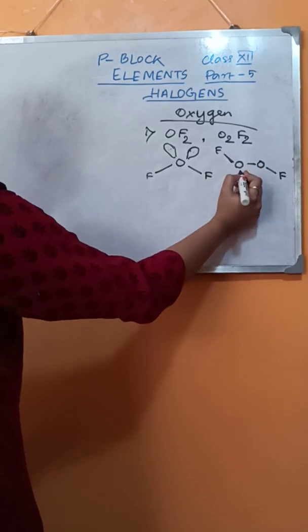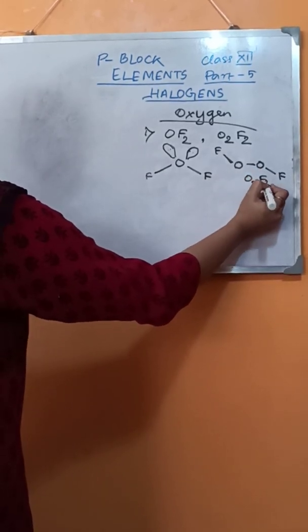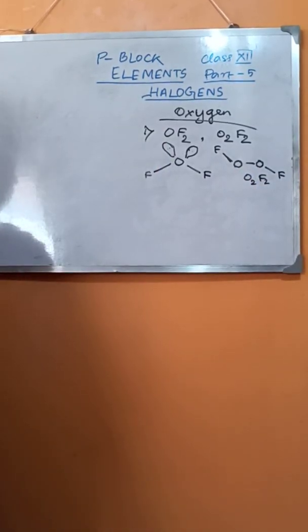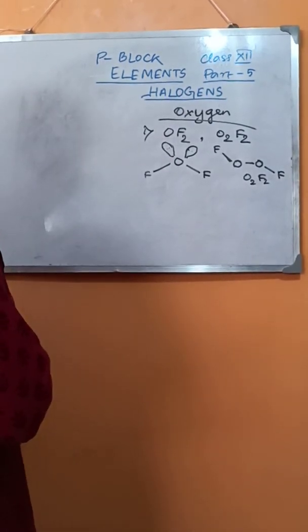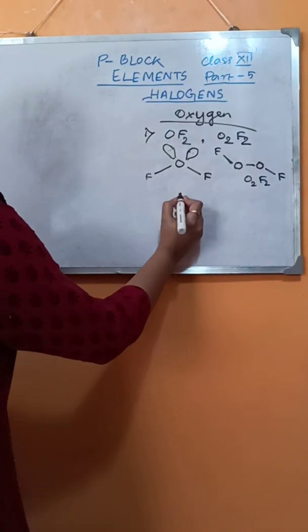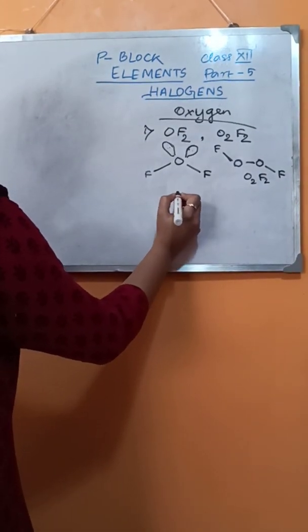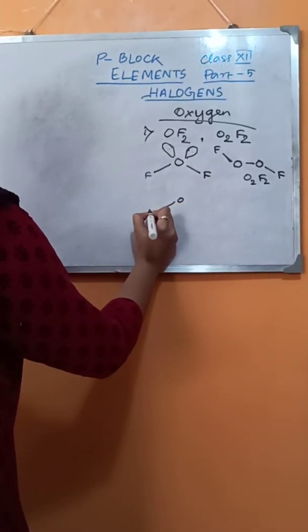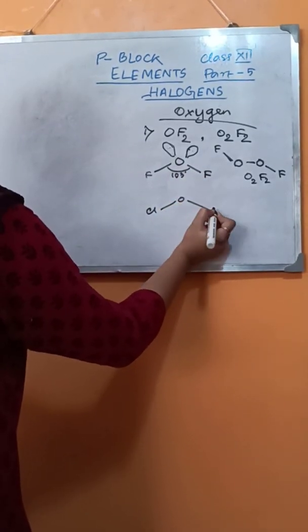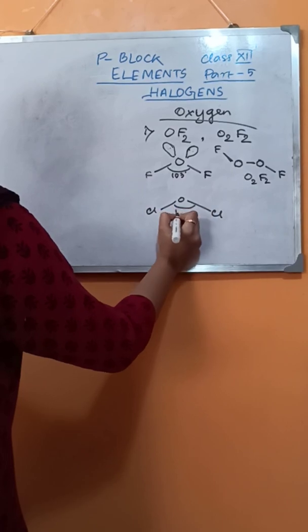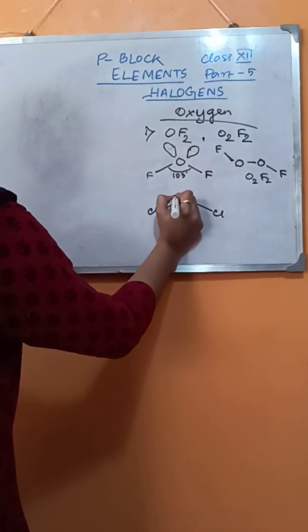And this is the structure of O2F2. Here the structures of the compounds are important, okay? Next I will come to the structure of OCl2. Okay, bond angle is 103 and the bond angle is 111.